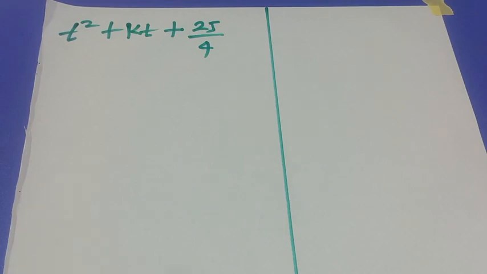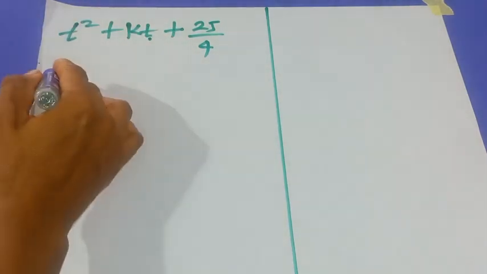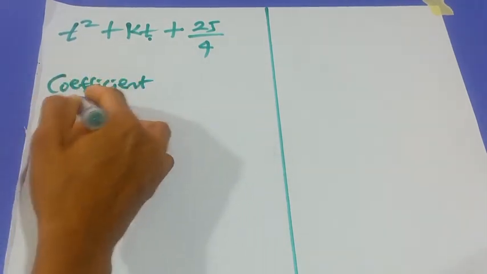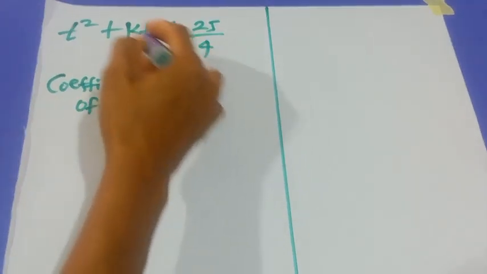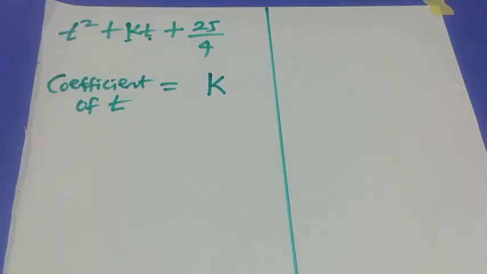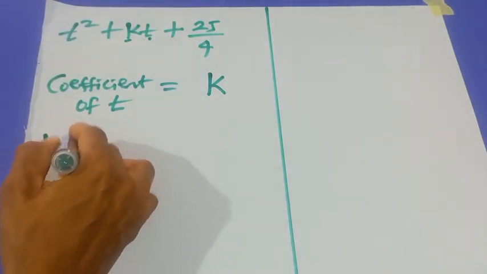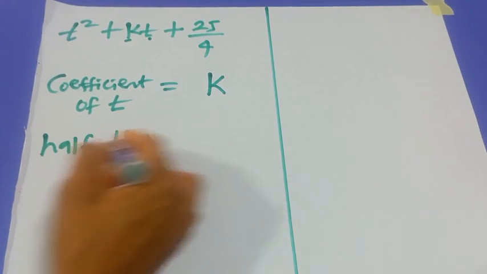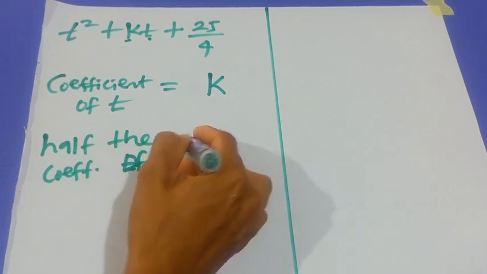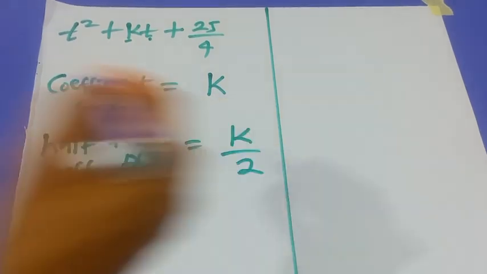The first thing you have to do is, the unknown is t, so find the coefficient of t. The first thing is to identify the coefficient of the unknown, and that is k. When you find the coefficient of the unknown, the next thing is to half the coefficient of t, that's k over 2.